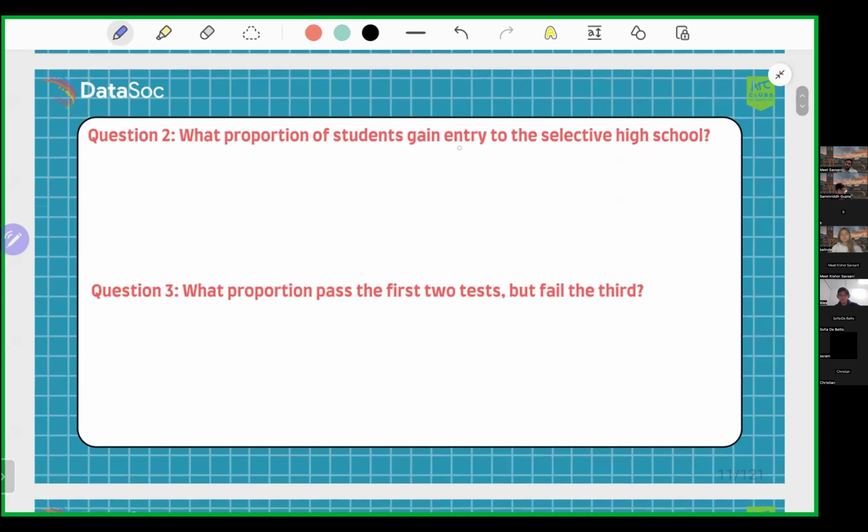So what proportion of students gain entry to selective high school? To gain entry to selective high school, we know that they need to pass all the three tests. For this, we'll still use the same multiplicative law.